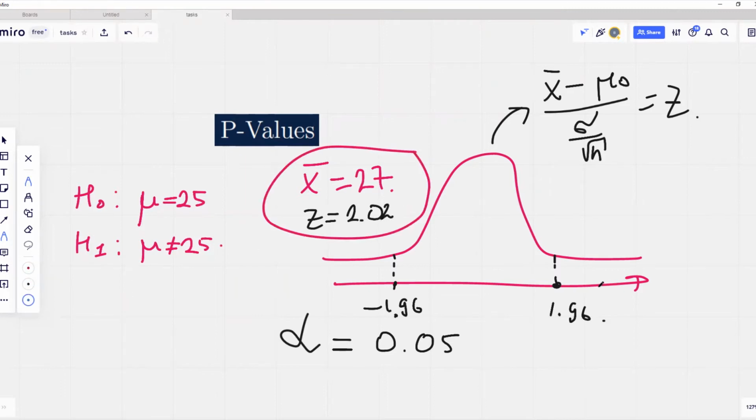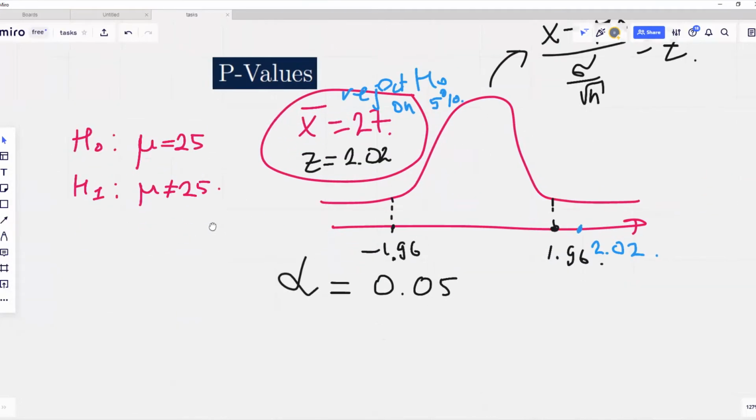Since 2.02 is greater than 1.96, we are going to reject. So our result is going to be reject H naught at the 5% significance level.